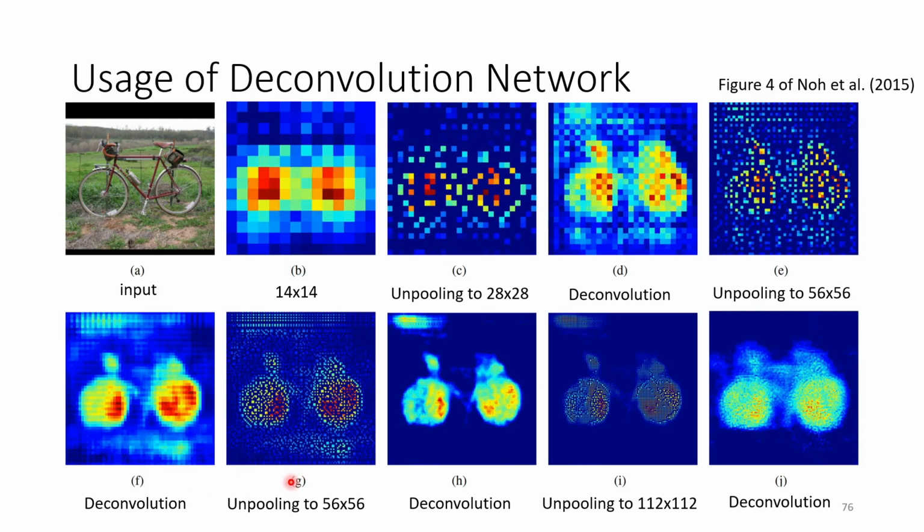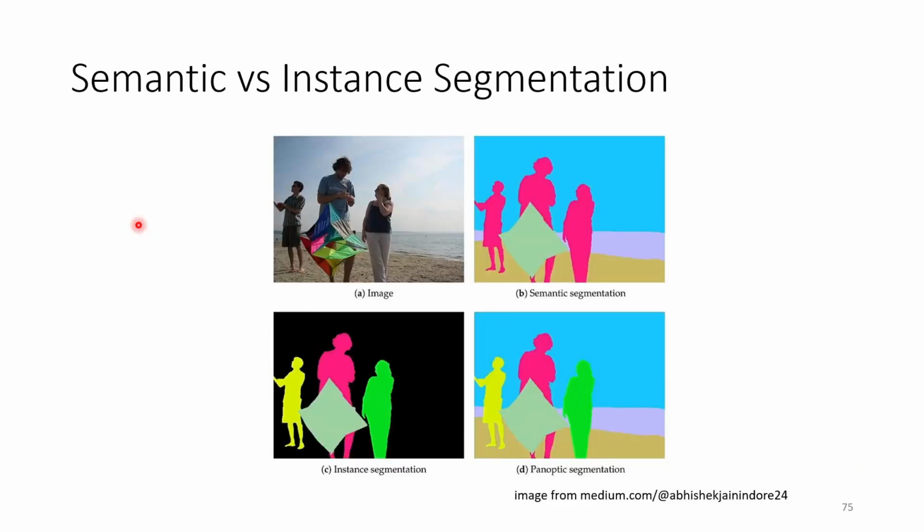And unpooling again, deconvolution again, unpooling again, and deconvolution. So from this image, they can use the response to predict whether the pixels belong to the bicycle or the background.